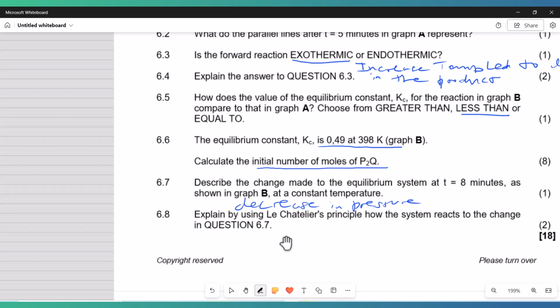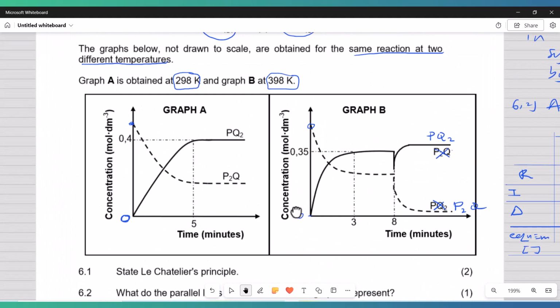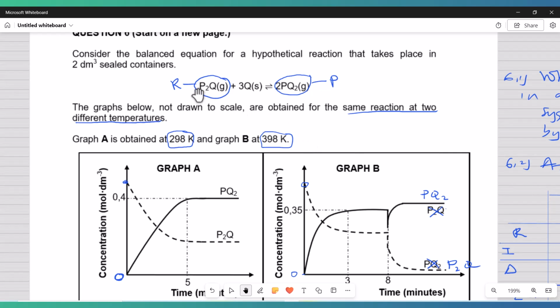Now they say explain using the principle, Le Chatelier's principle, how the system reacts to the change in question 6.7. Now we see that when the pressure was decreased, meaning volume increased, okay, what happened? The system favored a reaction with bigger volume. In that case it's the forward reaction. Okay, if you look here we have one volume giving us two volumes, because it's one volume of P2Q giving us two volumes of PQ2. Now the system, if you check here, we're getting more of the product, which is PQ2, which gets higher.